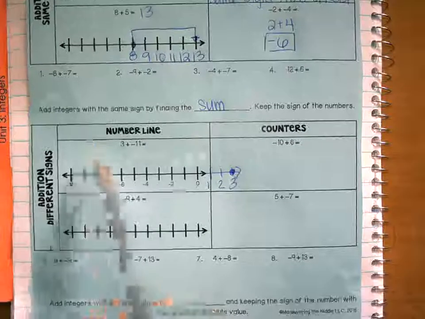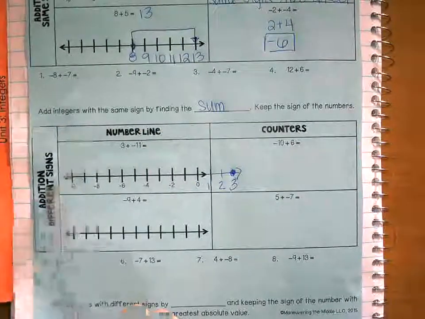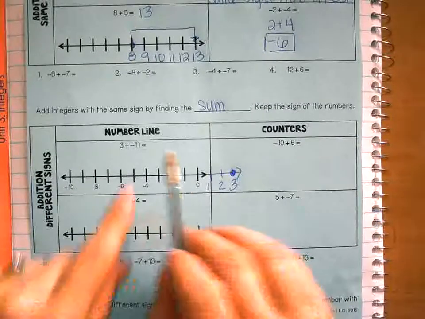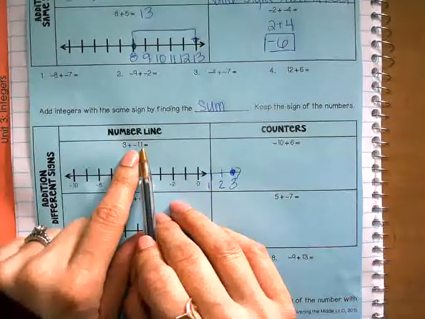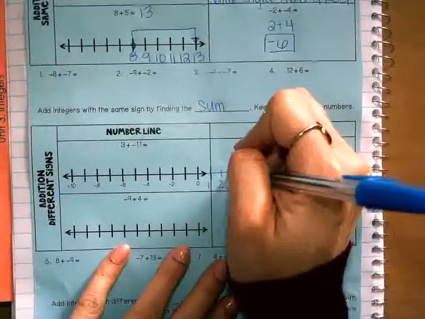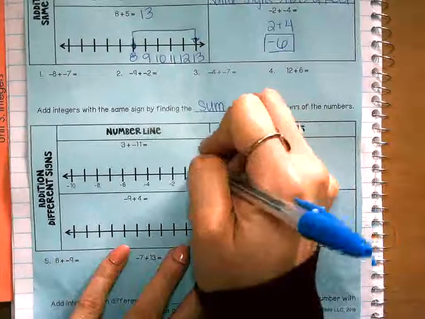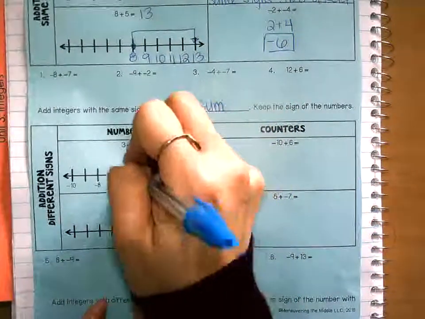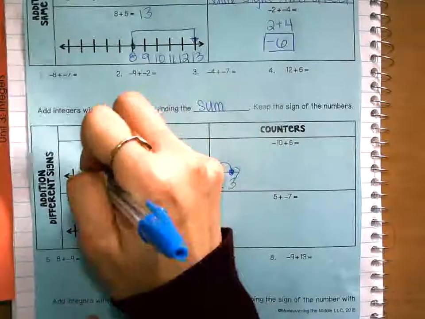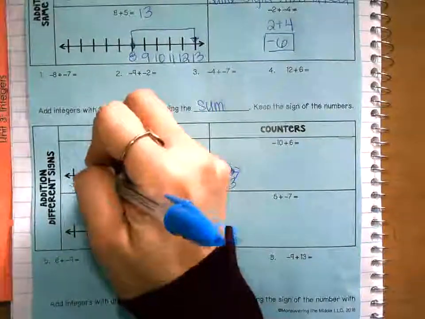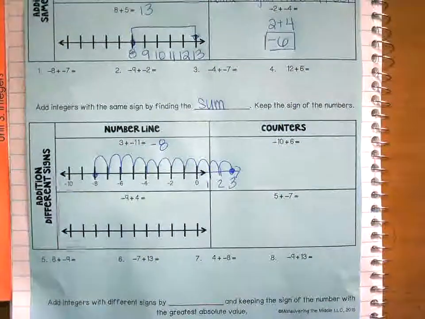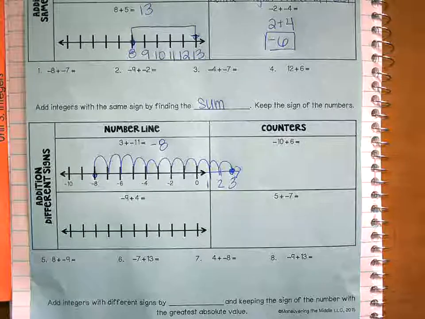Left. When I add negatives, I go to the left, because your adding typically goes to the right, but the negative means I want to do the opposite. I want to go to the left how many? 11. So I'm going to go 11 spaces: 1, 2, 3, 4, 5, 6, 7, 8, 9, 10, 11. What did we end on? Negative 8. So 3 plus a negative 11 is a negative 8.